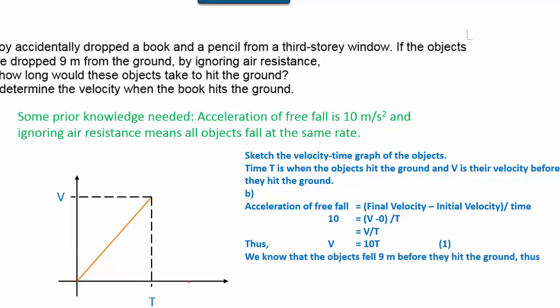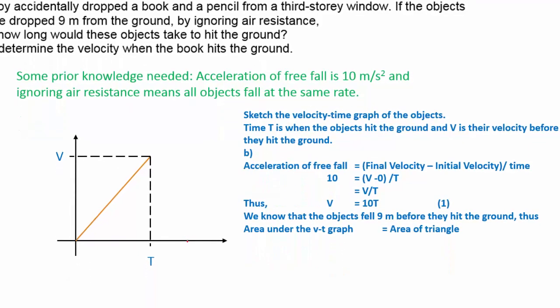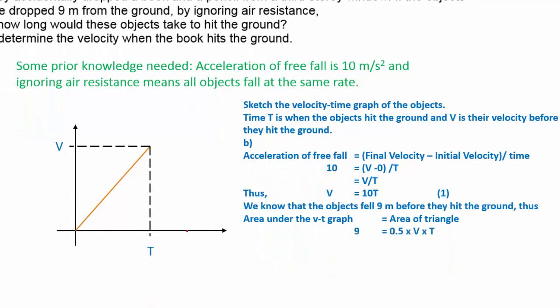And we know that the object fell 9 meters before it hit the ground. Thus the distance is the area under this velocity-time graph, which is the area under the triangle. By substituting in, you find that the area of the triangle in terms of v and t is 0.5 times base times height. So your base is t and your height is v.